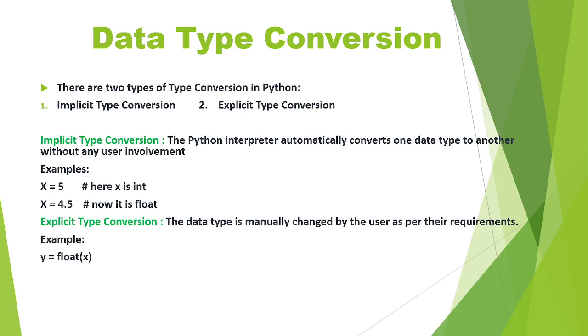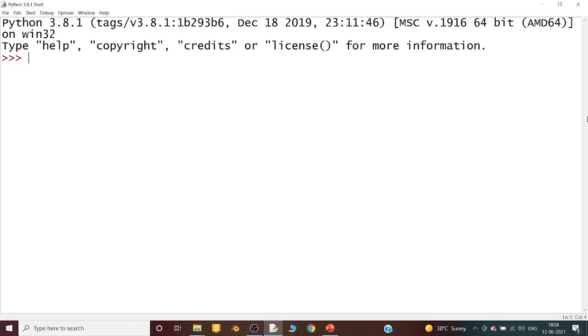We can have a practical look at this concept. To understand data type conversion in a better way, we take a variable x and we assign a value 5 to it. As you know, we can check the data type of x using the type function. On checking the data type of x, we find that it is of integer type.